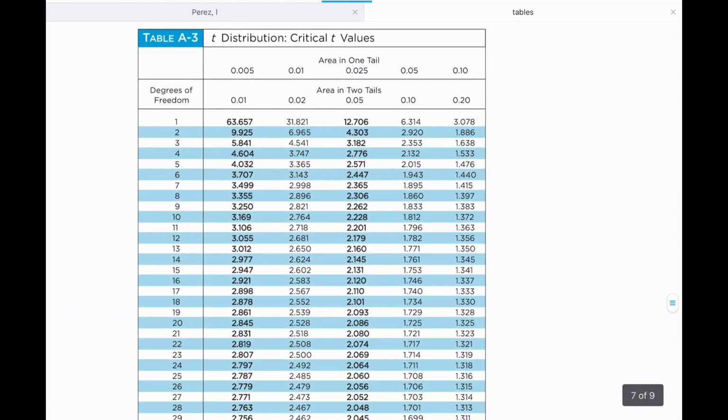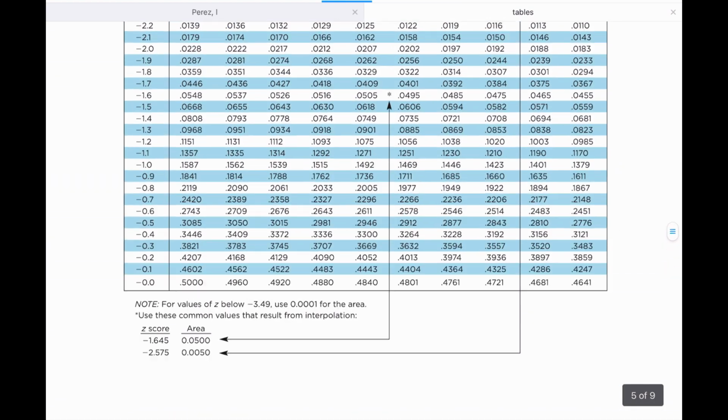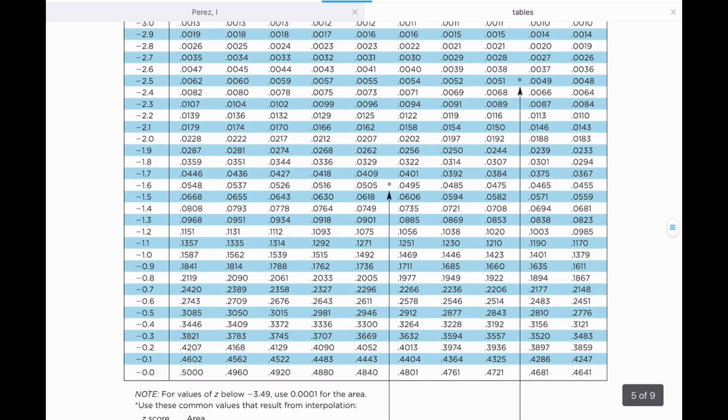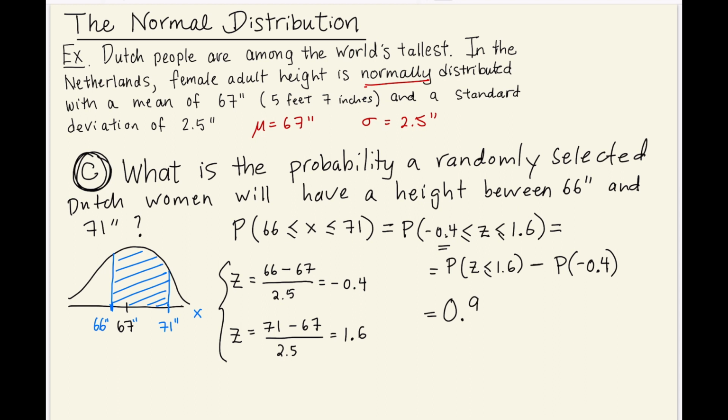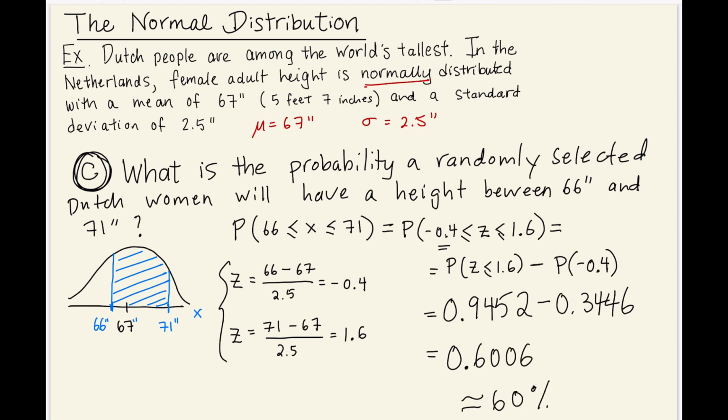And then in the negative z-scores, we have negative 0.4, and area to the left is 0.3446. So from the table, I have 0.9452 minus 0.3446. So about 60% of the women have heights between 66 inches and 71 inches.